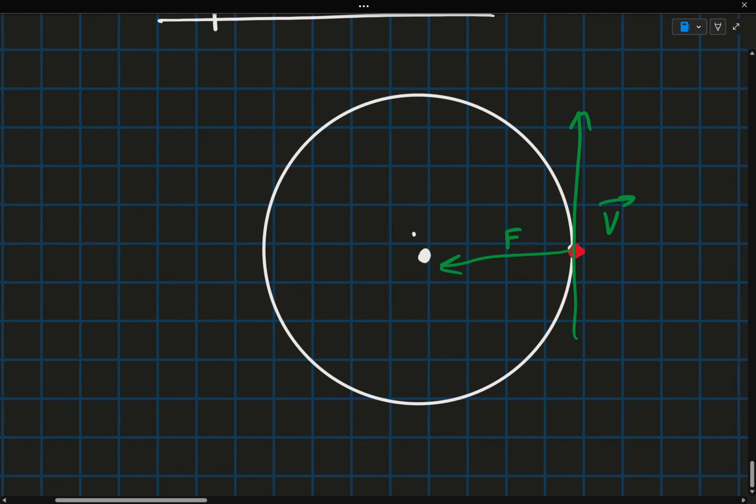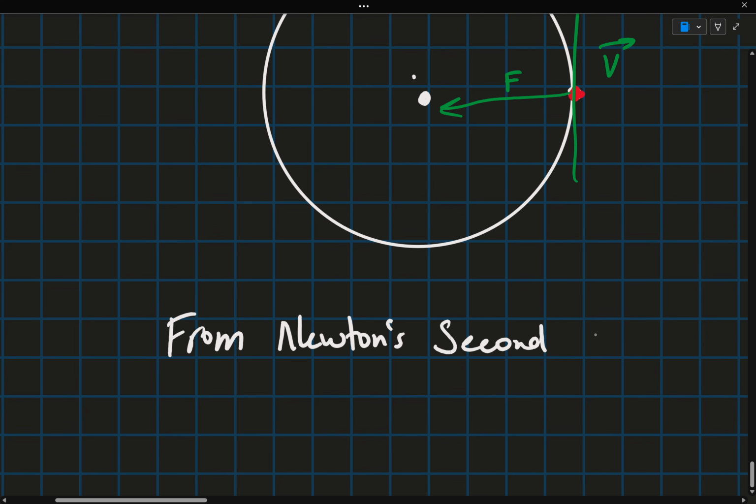If we recall Newton's second law, what's Newton's second law again? Anyone?